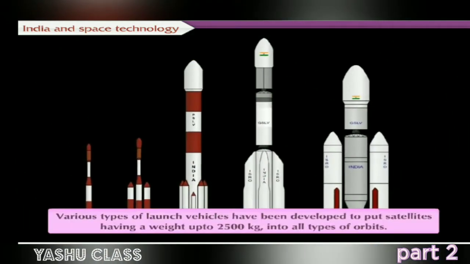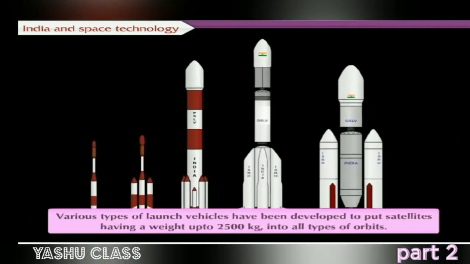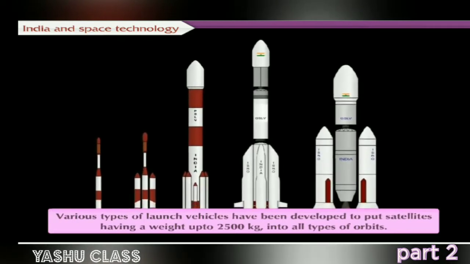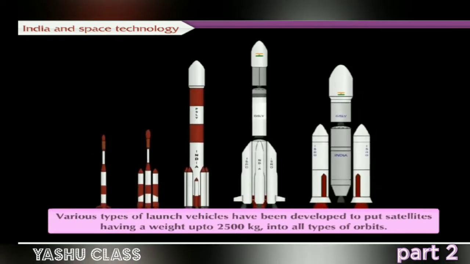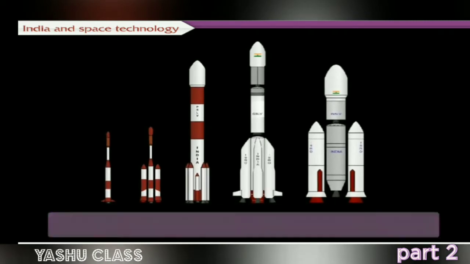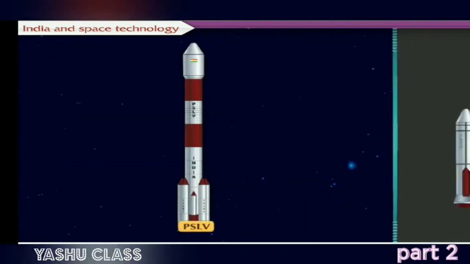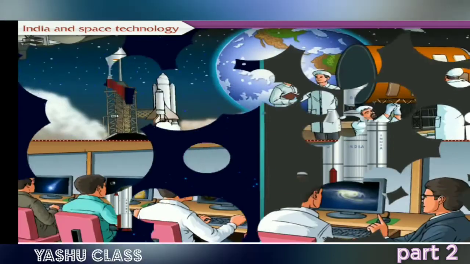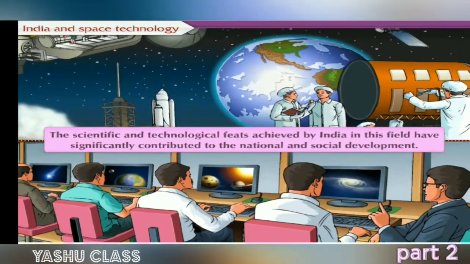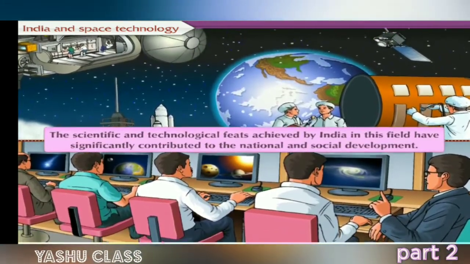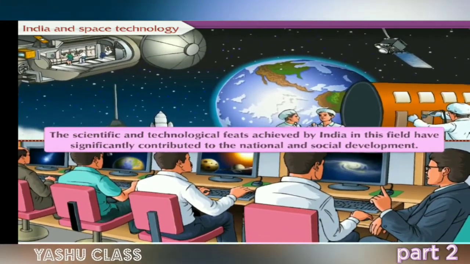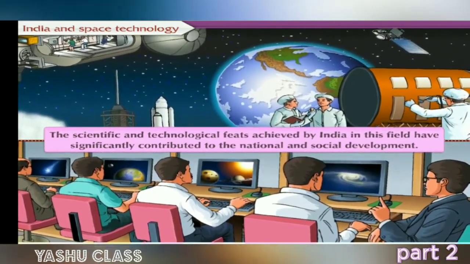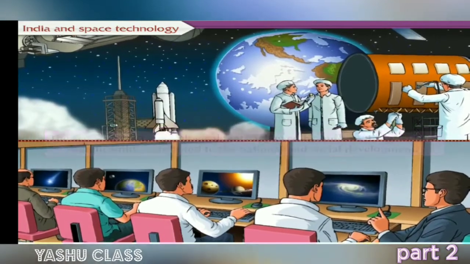Various types of launch vehicles have been developed to put satellites having a weight of up to 2,500 kilograms into all types of orbits. PSLV and GSLV are 2 such important launchers. The scientific and technological feats achieved by India in this field have significantly contributed to national and social development.